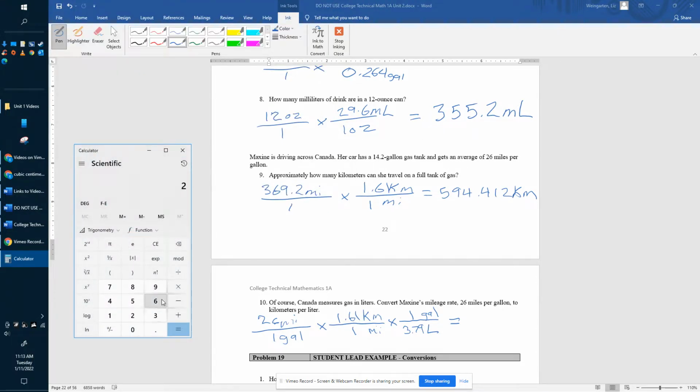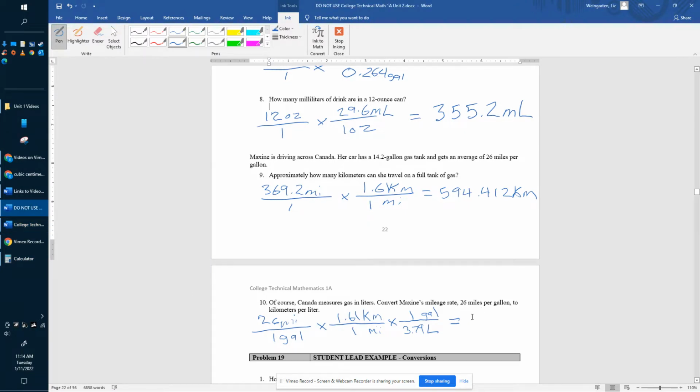We have 26 times 1.61 and divide it by 3.79. And we get 11.04 kilometers per liter.